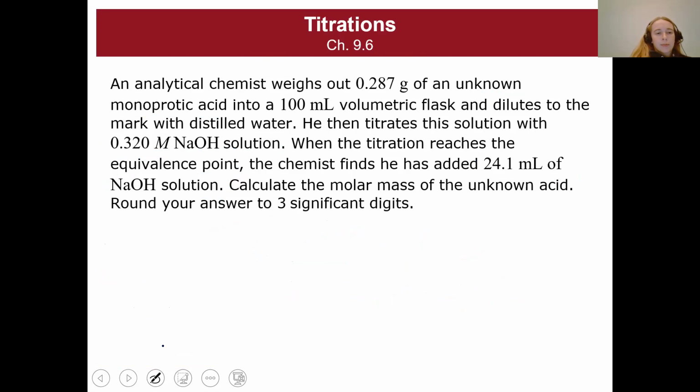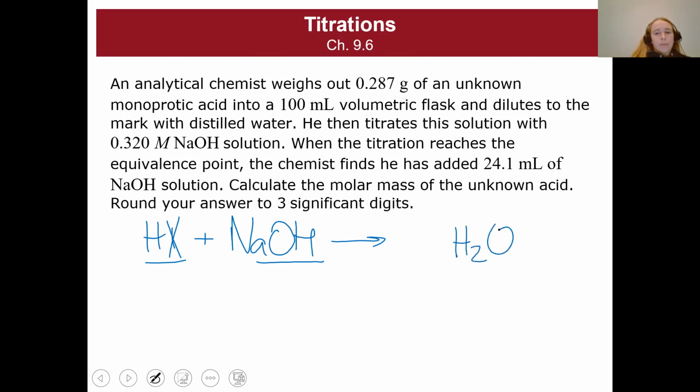So HX plus NaOH. We can pretend that it's HCl if we want to, because HCl is a monoprotic acid. It doesn't matter what we pretend it is, but all we will need to know here is that sodium hydroxide produces one hydroxide ion in solution. This produces one hydrogen ion in solution. They're going to pair up and make water.